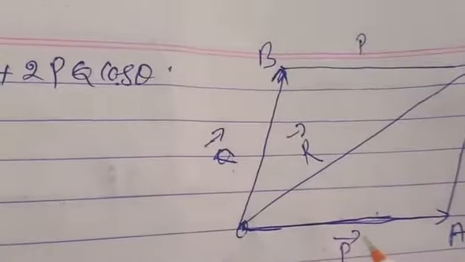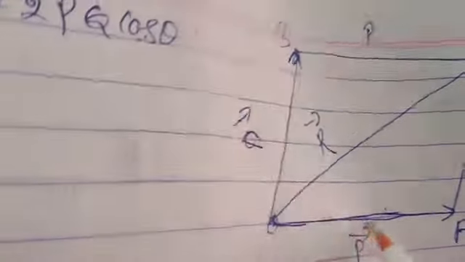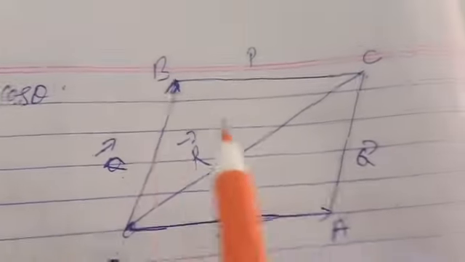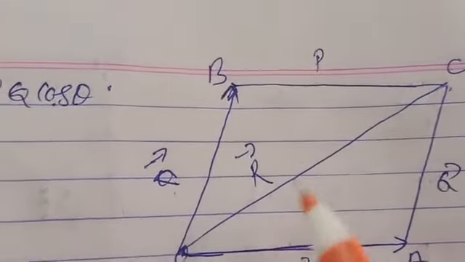So the resultant of P and Q is the diagonal of the parallelogram, OC.